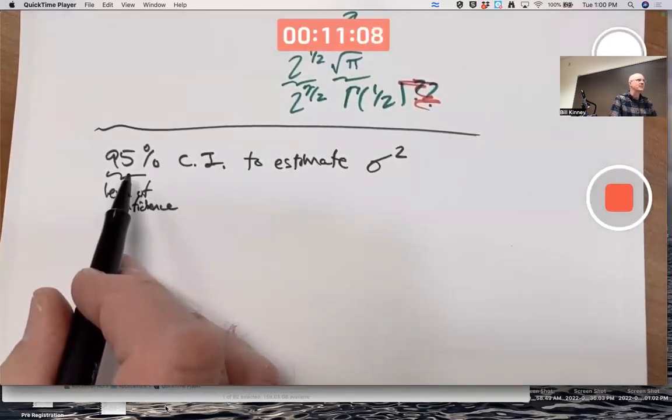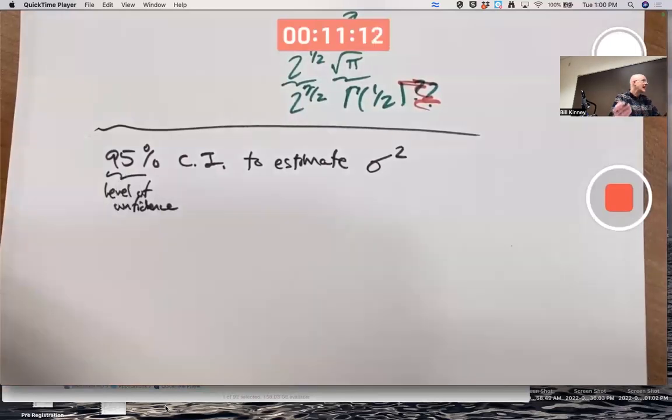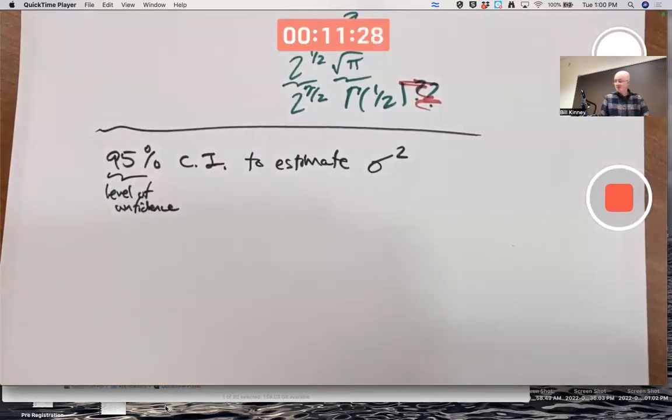So you settle for something less than 100%. A common number is 95%. You could go for 99%, but it's always a trade-off. You go for high confidence, it is going to be a bigger interval, so it's less useful, you might say. So 95% is a common compromise.